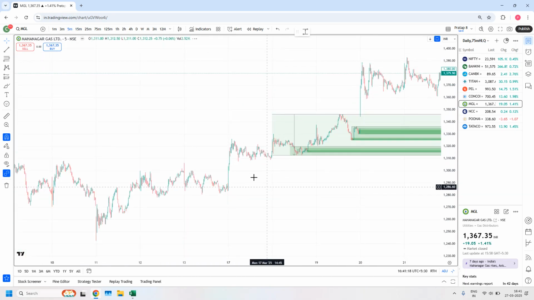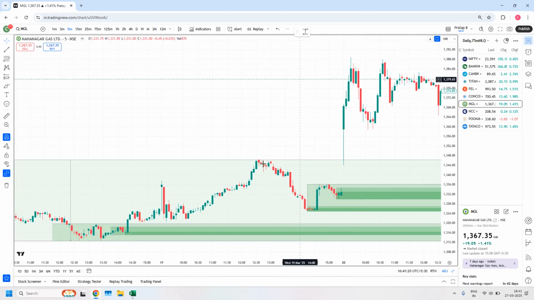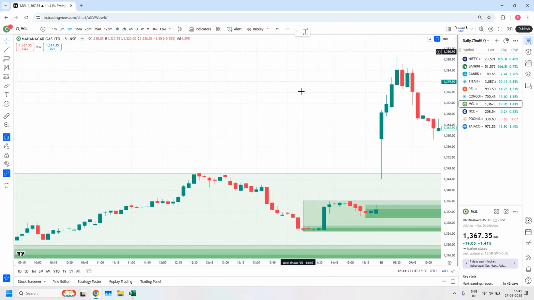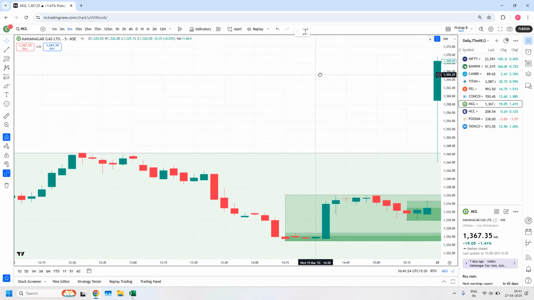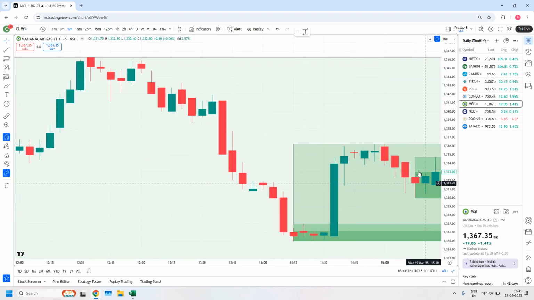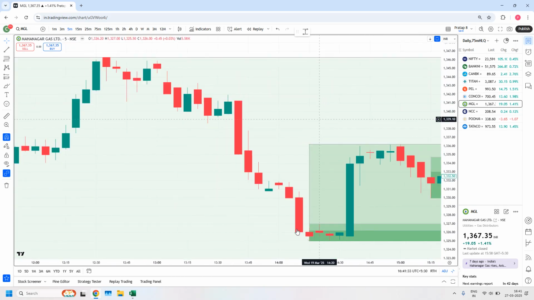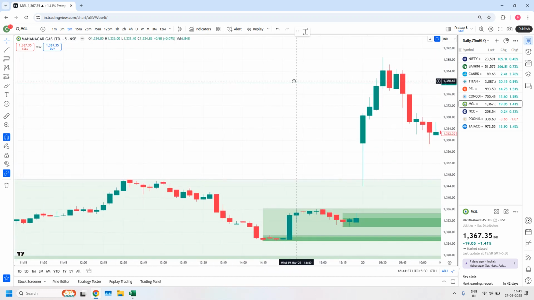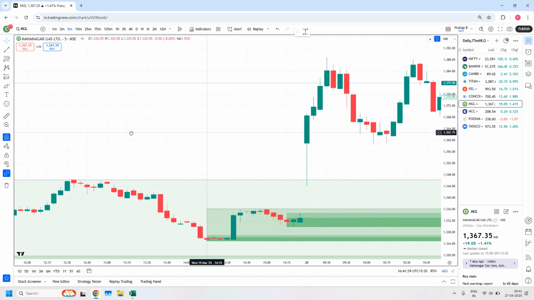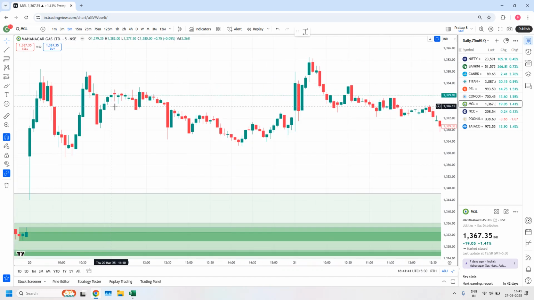Within the 5 minutes, this is what I have drawn: drop, 3 base candles with the hidden body rally candle, and also here drop, 4 base candles and rally. And today we got the trade from this area.